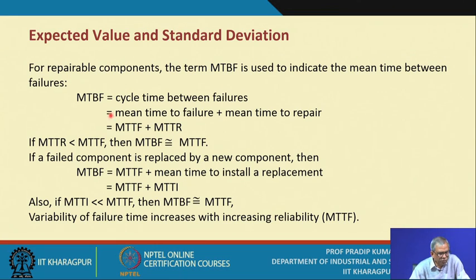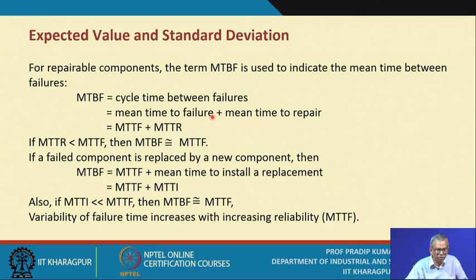So how do you define MTBF? Cycle time between failures. Is it okay? And mean time to failure, mean time to repair. Obviously, when you consider the cycle time, that means you start, then after some time it fails, then you repair, and again you get back to your initial state of health. Again you start working. Is it okay?